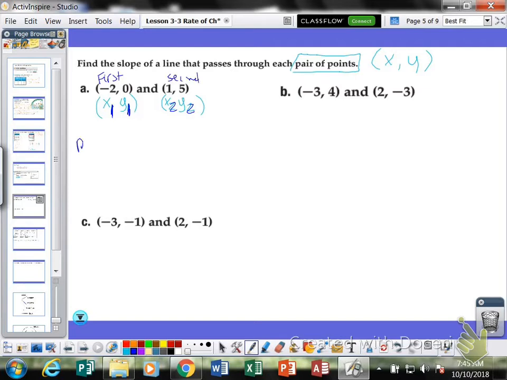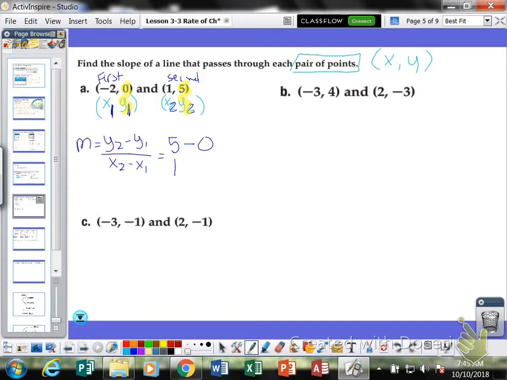So then m equals y2 minus y1 over x2 minus x1, and all it is is substitution. So now substitute. y2 is 5 minus y1, which was 0, so here is my y2, my y1, and then my x2 minus my x1.